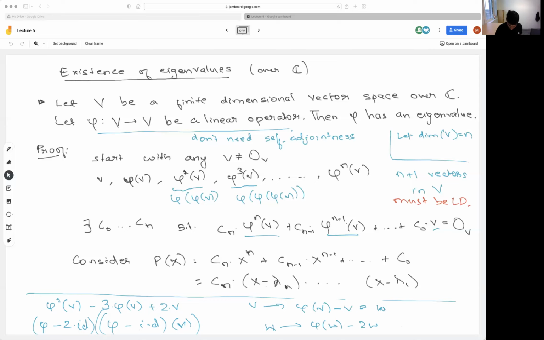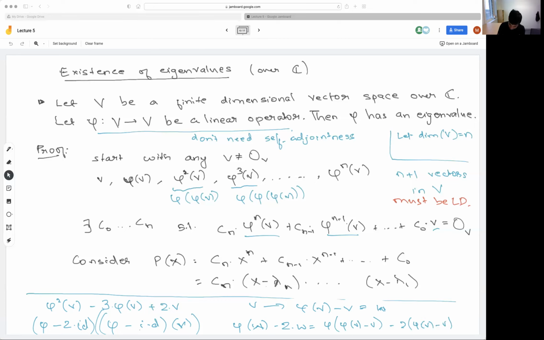And I claim that what this is doing is mapping v to whatever expression was on the left, because we can check that phi of w minus 2w is equal to phi of, remember, w was defined as phi of v minus v, minus 2 times phi of v minus v.